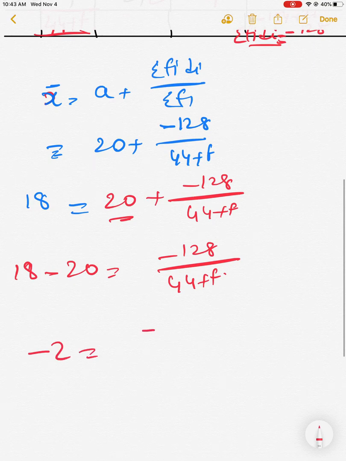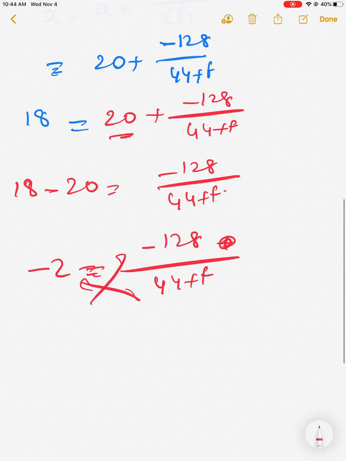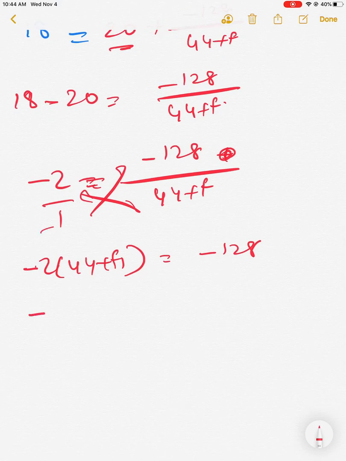Minus 2 is equal to minus 128 upon 44 plus f. Okay, now cross multiplication. Here nothing is there, 1. So minus 2 into 44 plus f is equal to minus 128 into 1. Minus 88 minus 2f is equal to minus 128.